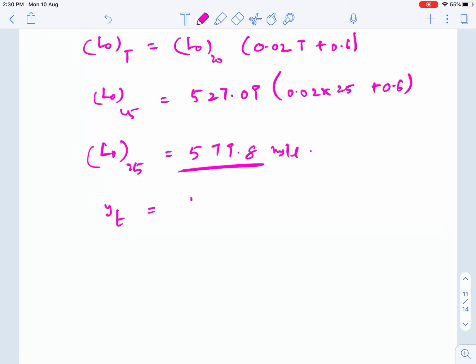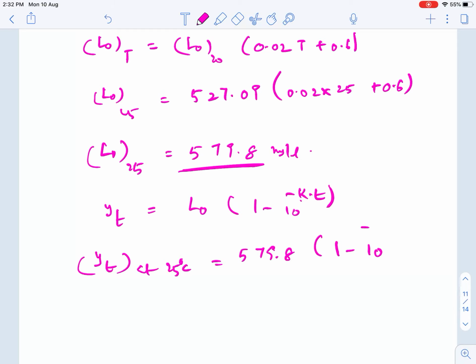Once you know the ultimate BOD, you can simply calculate the BOD exerted in 7 days by using BOD exerted is equal to L naught into 1 minus 10 to the power of minus K into T. But remember, you have to use the deoxygenation constant at the temperature. So YT, BOD exerted at 25 degrees centigrade is equal to ultimate BOD at 25 degrees, 579.8, into 1 minus 10 to the power of minus K. K is deoxygenation constant at 25 degrees, 0.128, into time is 7 days.